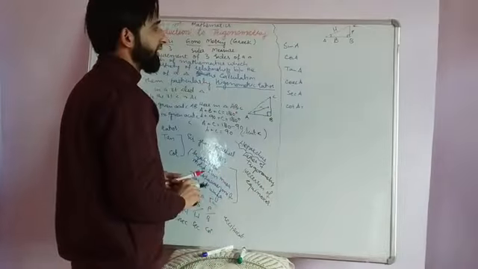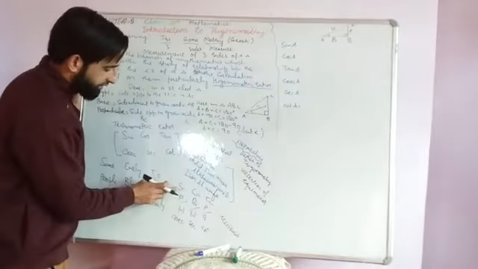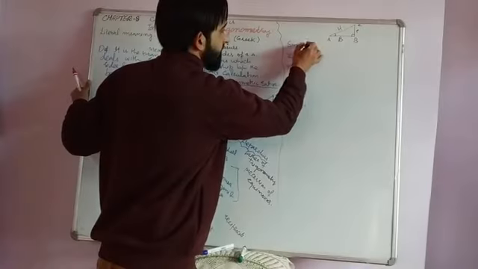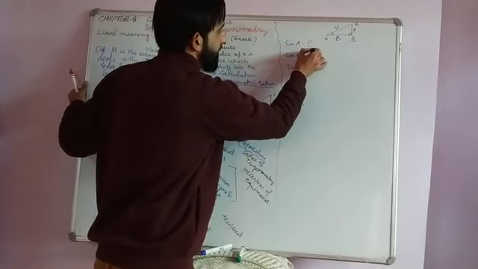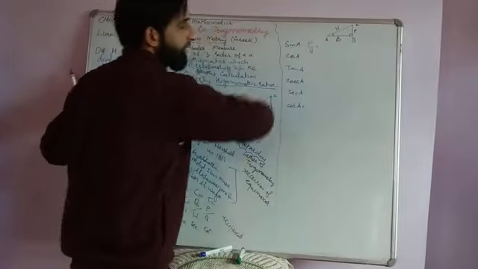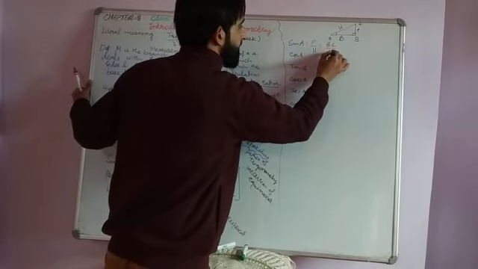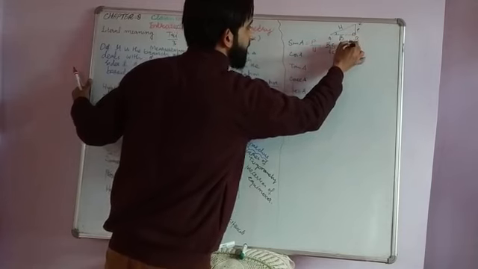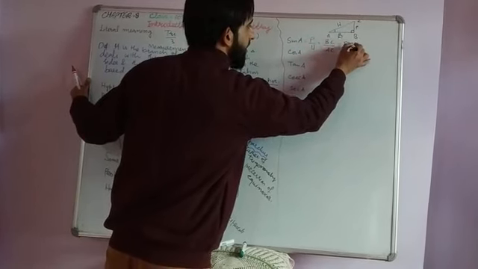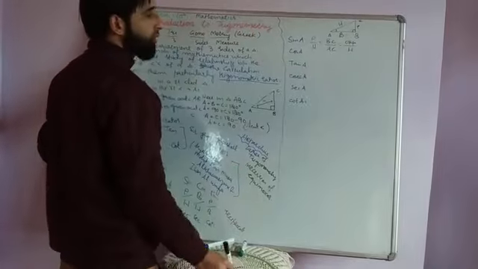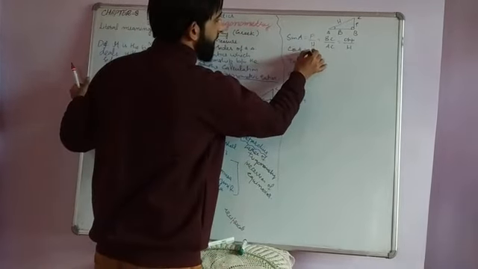Now, sine A. Sine is equal to perpendicular divided by hypotenuse. Here, perpendicular is BC and hypotenuse is AC. BC, the perpendicular, is the opposite side to the given acute angle, and AC is the hypotenuse. Now, cos A, base divided by hypotenuse.